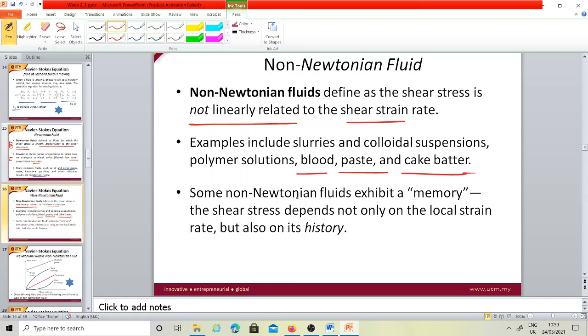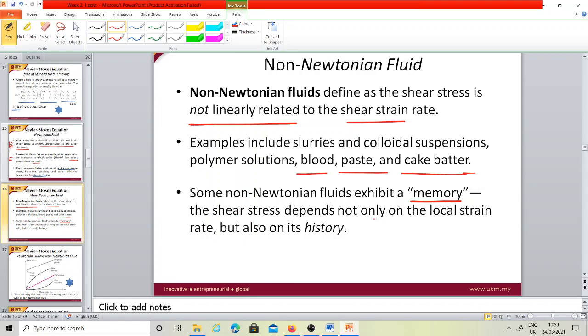We say a non-Newtonian fluid exhibits a memory. It means when you release the stress, it does not regain its actual position again. It's like plastic, okay? You apply the pressure and then you release it, and it does not regain its actual condition.